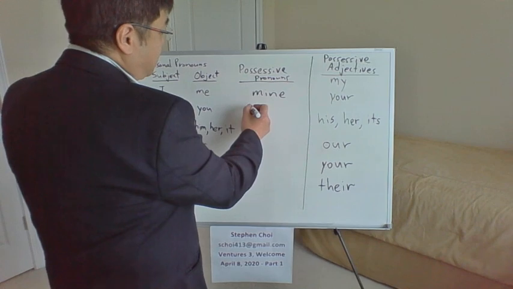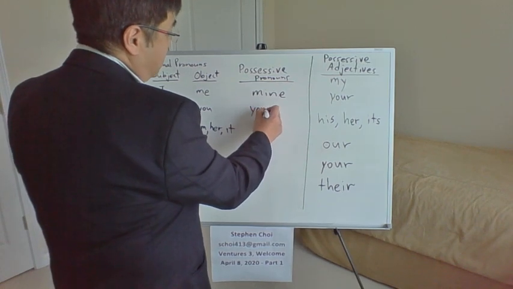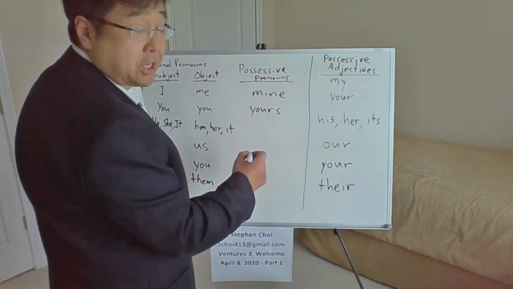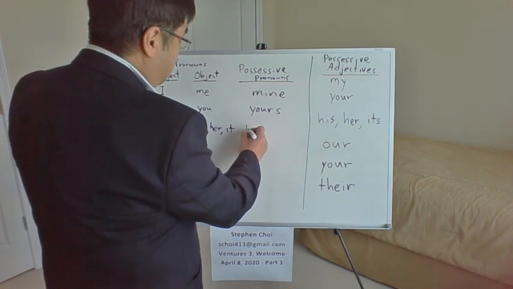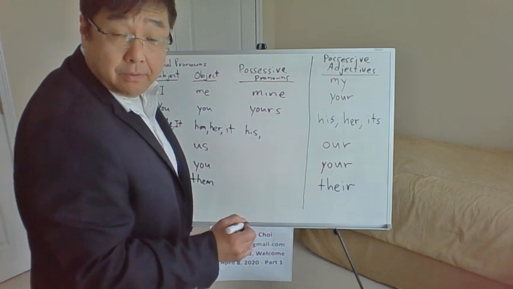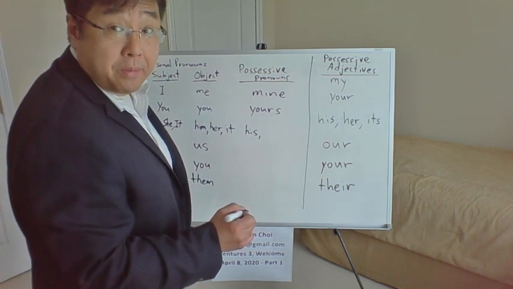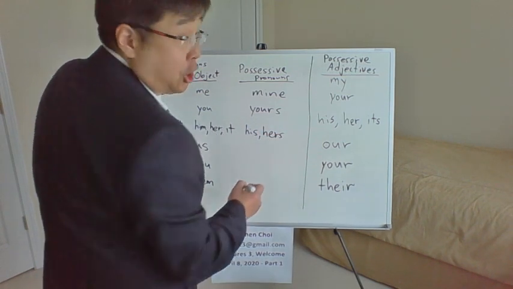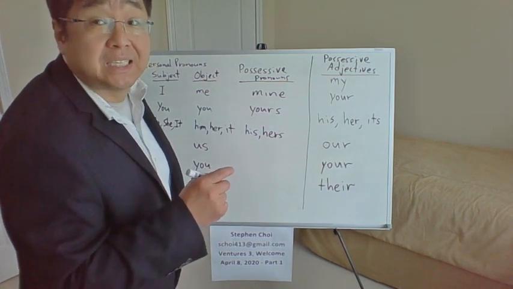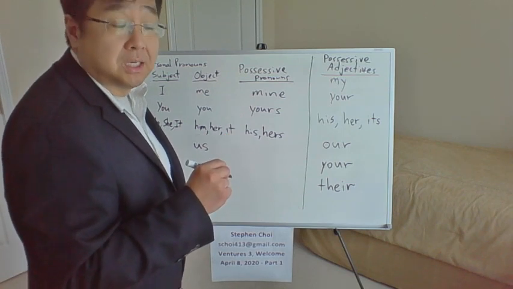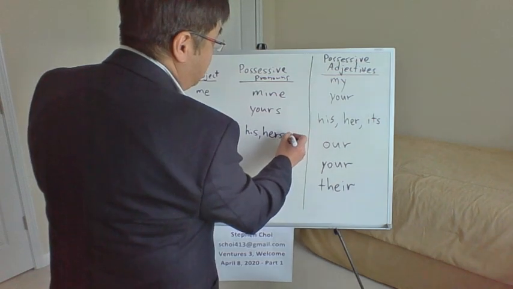And the second person singular? Yours. And the third person singular masculine? His. Third person singular feminine? That's right. Hers. Okay, with the z. No, hers. It's hers, with a z.